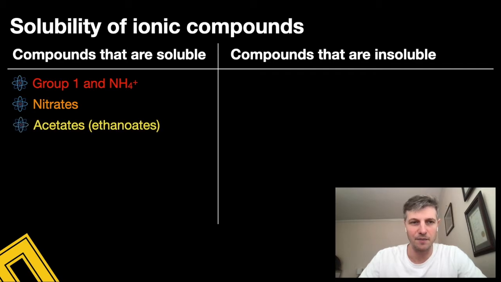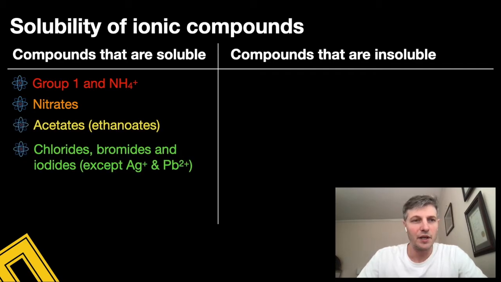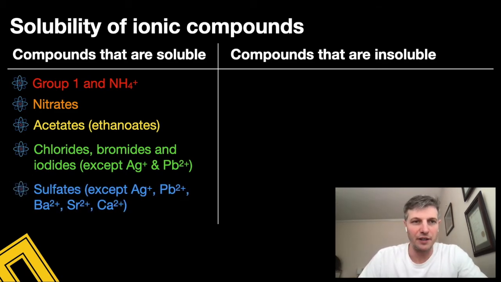All acetates too. Then we get chlorides, bromides, and iodides, with exceptions. If you've got, let's say, beryllium chloride, cool, that is soluble. But if you get silver bromide or silver chloride, no good, it's going to be insoluble. Sulfates are all soluble, with exceptions: silver, lead, barium, strontium, and calcium.